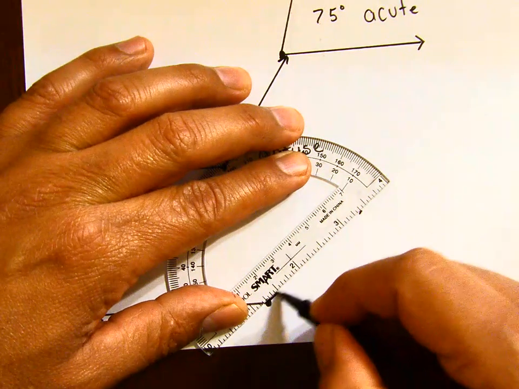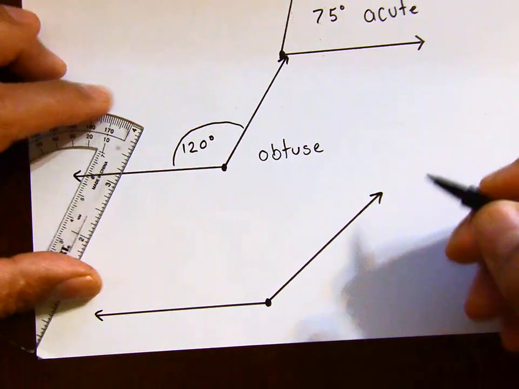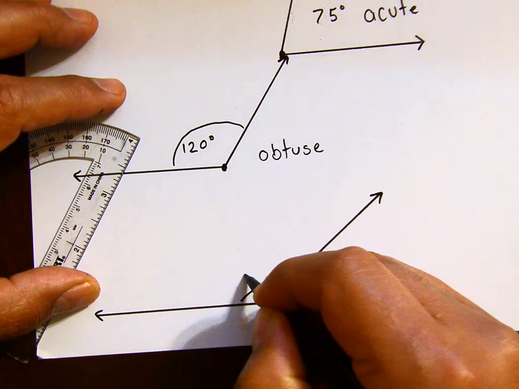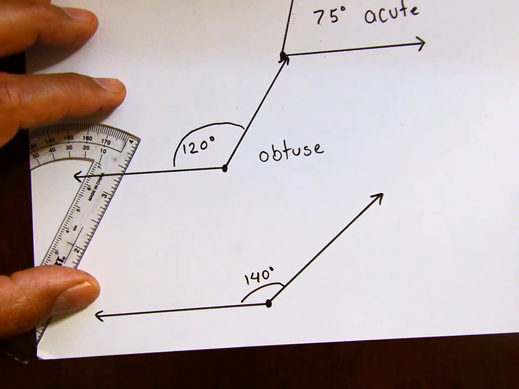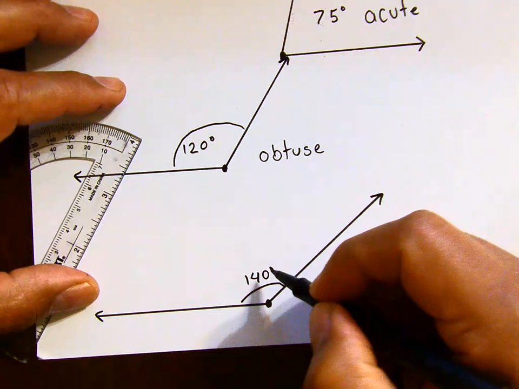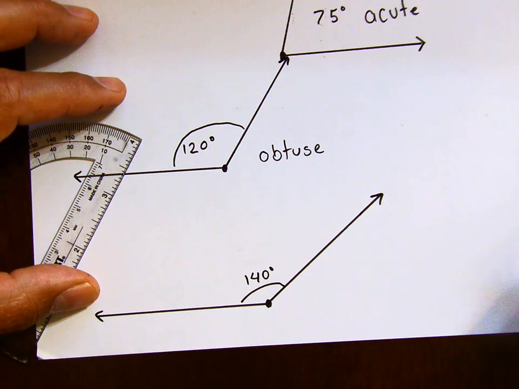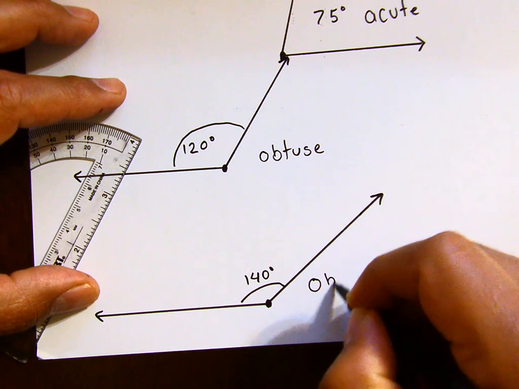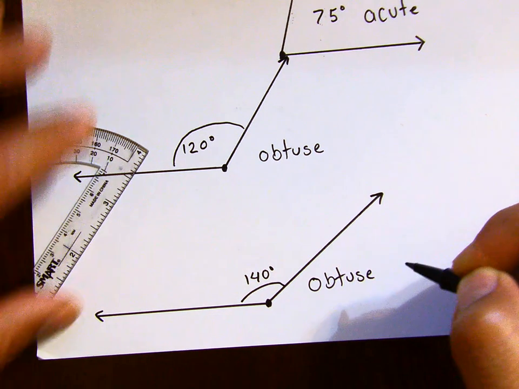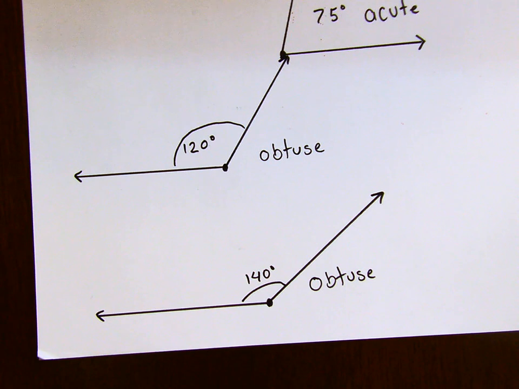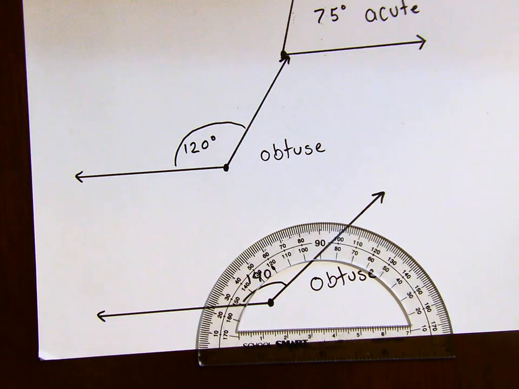And then all I do is connect those two, and I made an angle that is 140 degrees. So if it's greater than 90 degrees and less than 180 degrees, then that would be an obtuse angle. So that's how we create angles using protractors.